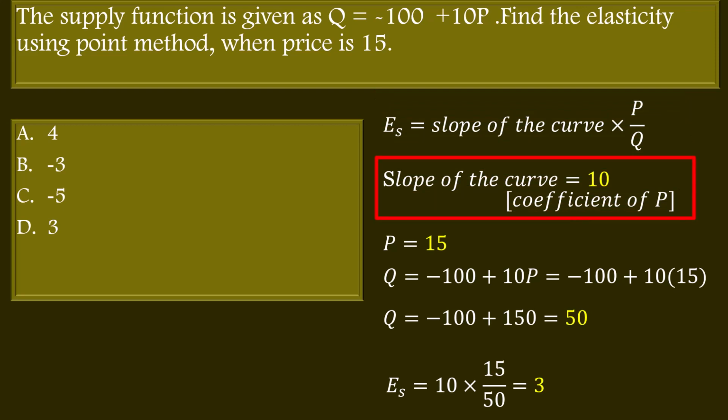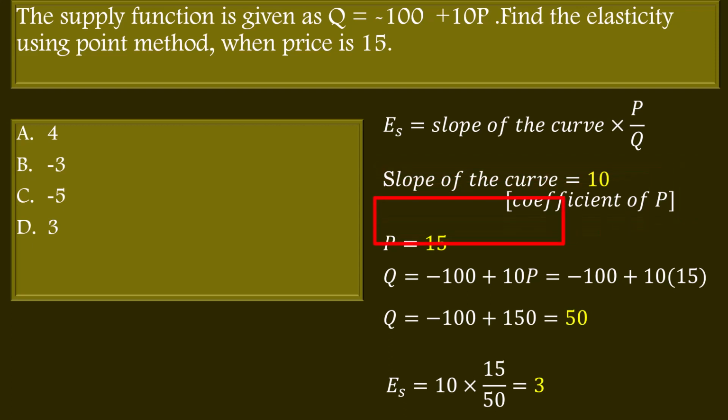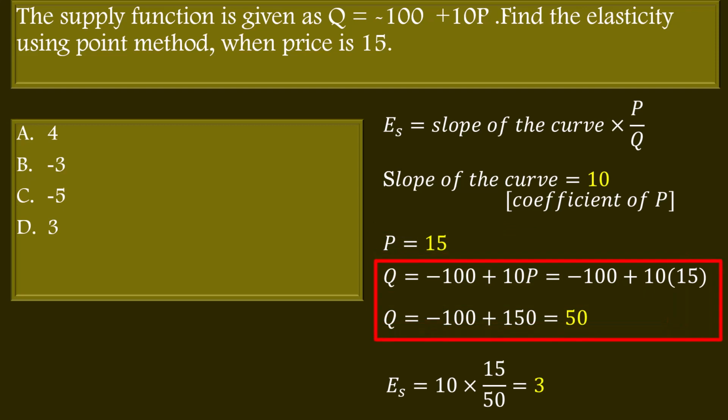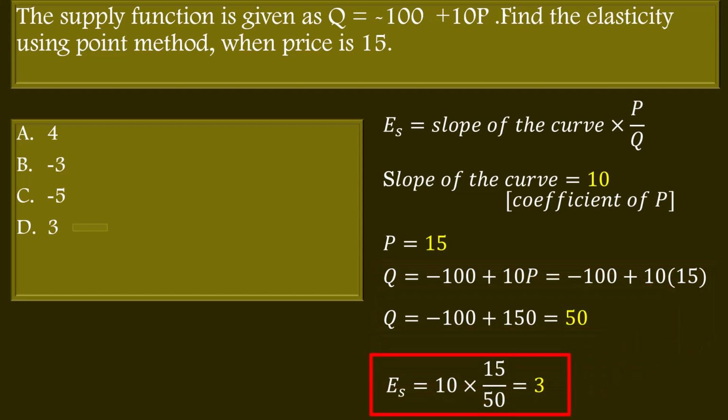It is the coefficient of P, that is 10. Price is given, it is 15. To find the quantity Q, substitute P equal to 15 in the supply equation. Q is 50. Substitute all the values in the elasticity formula and simplify. Elasticity of supply is 3. Option D is the correct answer.